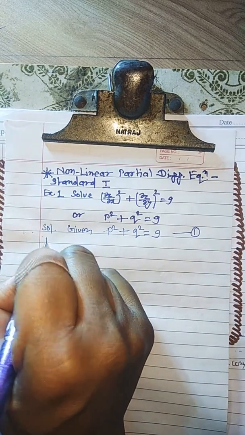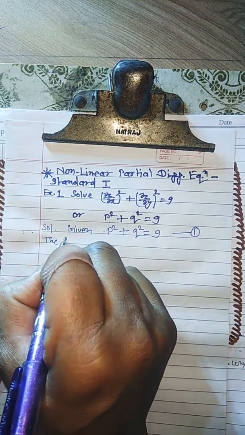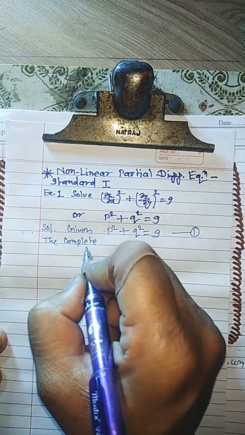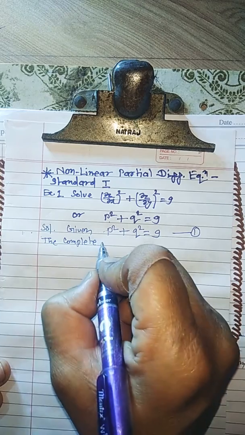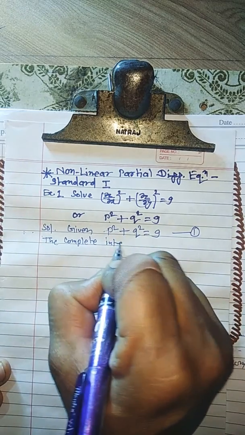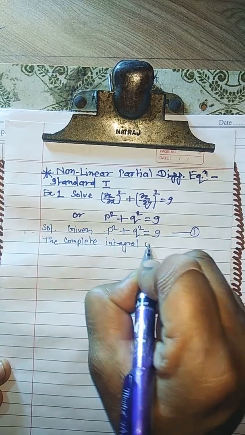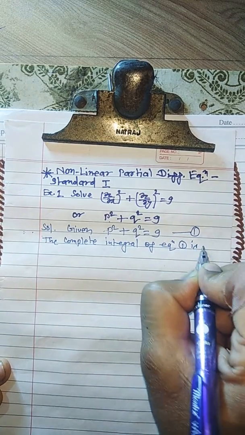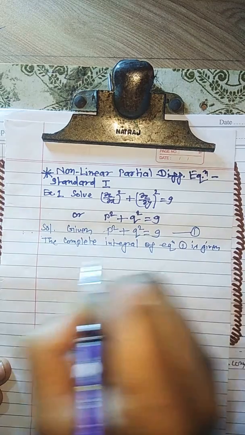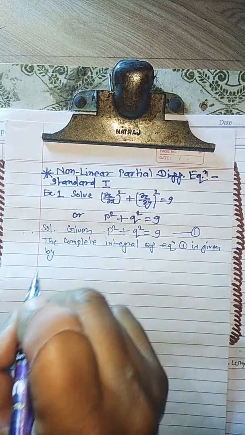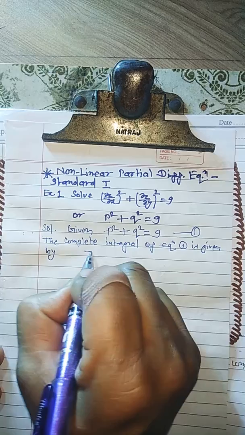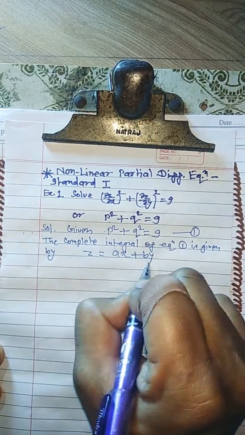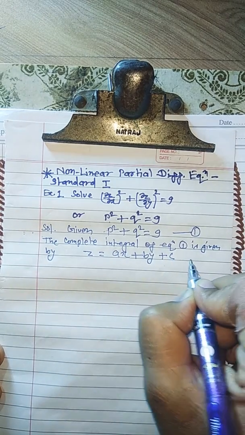The complete integral, we know that the complete integral of equation 1 is given by z is equal to ax plus by plus c.